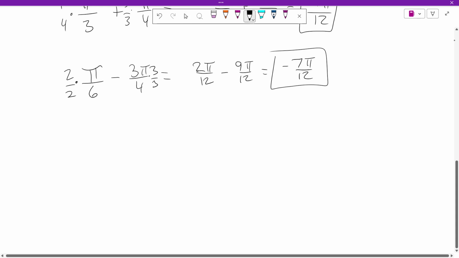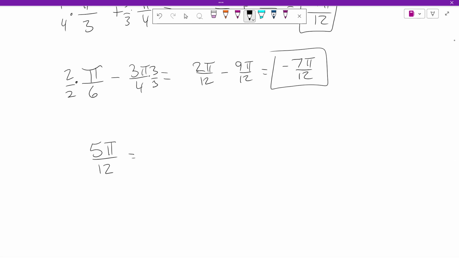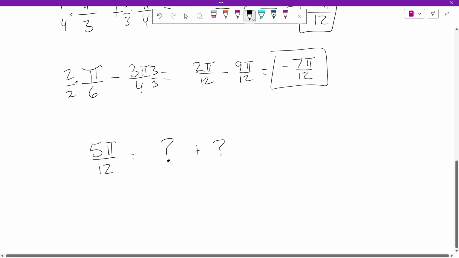Now what if I add this? 5 pi over 12 equals what plus what? And the thing is, the two things that we're adding have to be on your unit circle. Oh, I talked about the unit circle. Let's get out your unit circles.